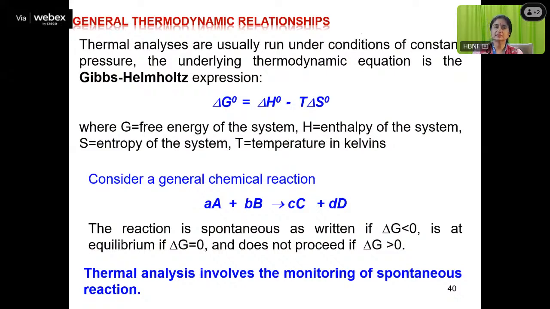If it is in equilibrium, then delta G equals 0, and it does not proceed if your delta G is found to be positive. So the Gibbs-Helmholtz expression can give you an idea about the spontaneity of a chemical reaction. In thermal analysis, normally we monitor the spontaneous reactions.